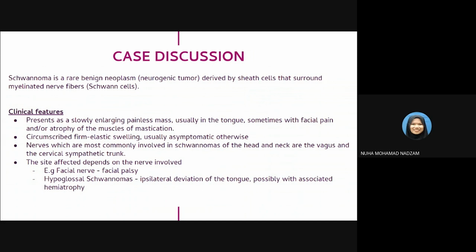For the clinical features of schwannoma, it presents as a slowly enlarging painless mass, usually in the tongue, sometimes with facial pain and/or atrophy of the muscles of mastication. It is also a circumscribed, firm, elastic swelling, usually asymptomatic otherwise.